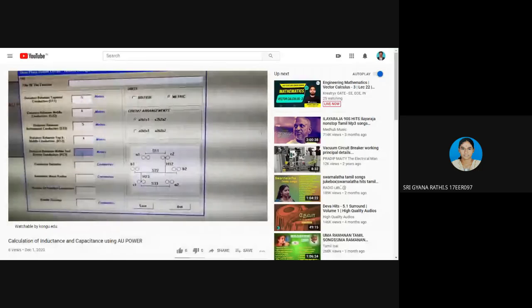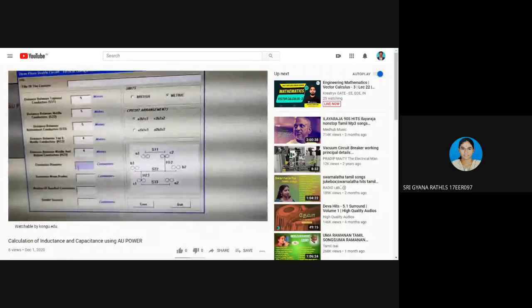The topmost is again 5 meter. The vertical distance between conductors is 4, and between middle and bottom conductor is again 4. The radius is given as 0.9, so the conductor diameter is 1.8.